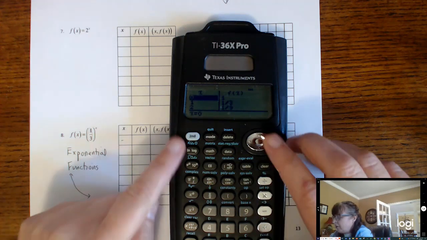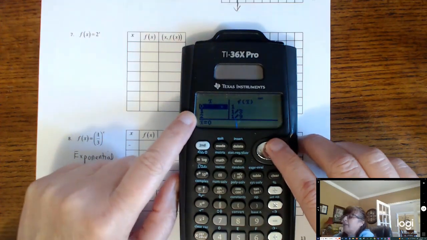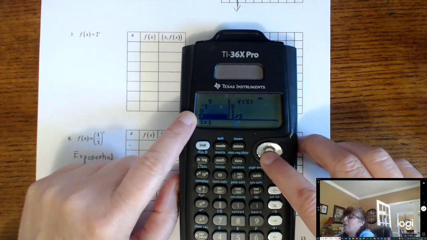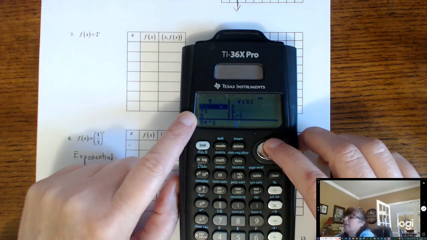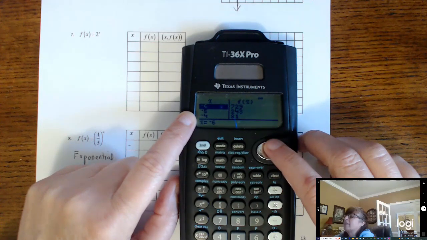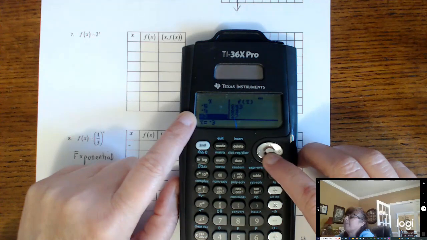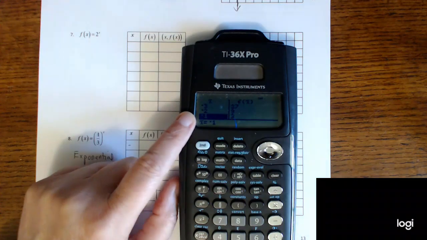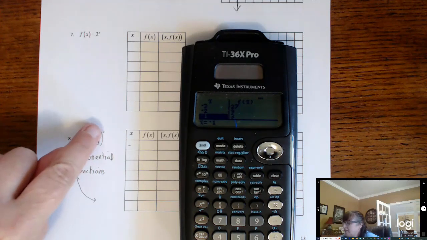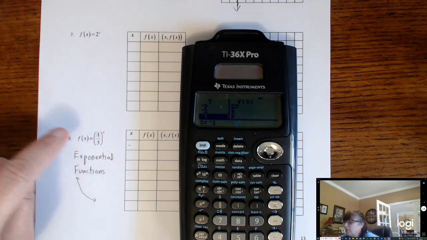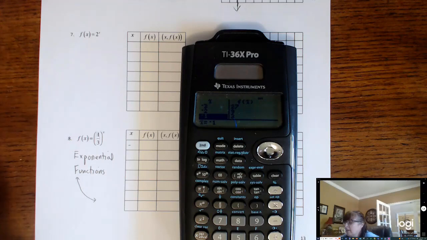Okay, if I hit calc, I've got values starting at 0, but see how small they are? They get smaller and smaller. But when x is negative, you see how much nicer they get? They get big. So when the base is less than 1, it's the negative x values that give you graphable points.